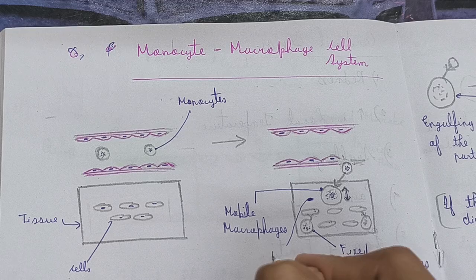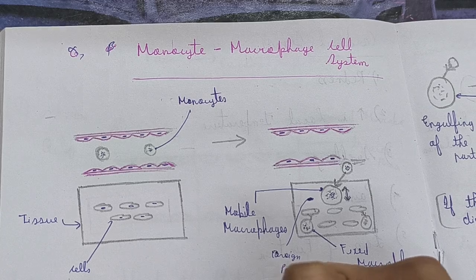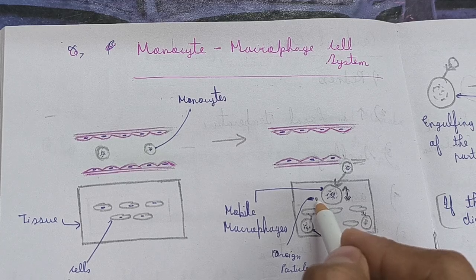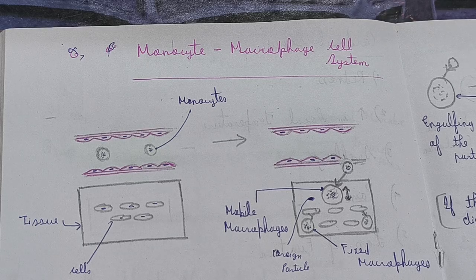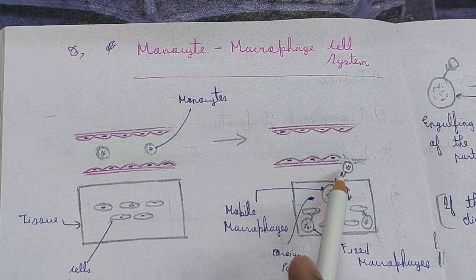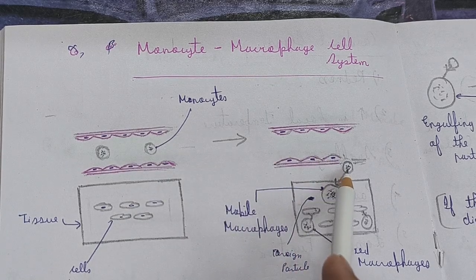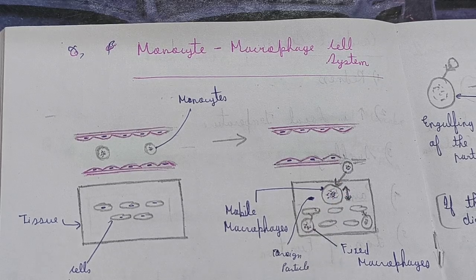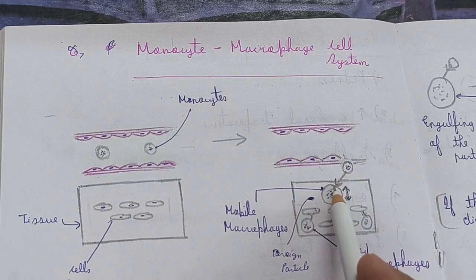This foreign particle causes infection, and in response, inflammation will occur. Then monocytes will undergo diapedesis to come out of the blood vessel, and through the process of chemotaxis, the monocytes will go towards the inflamed tissue.